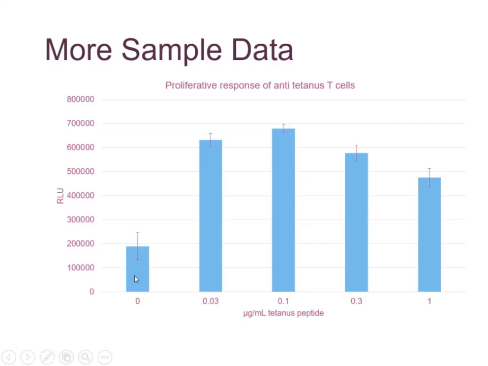And we see an increase from no antigen to even 30 nanograms per mil of peptide and continuing on. It's a very quick method. It's more sensitive than the tetrazolium dyes and certainly has its place.